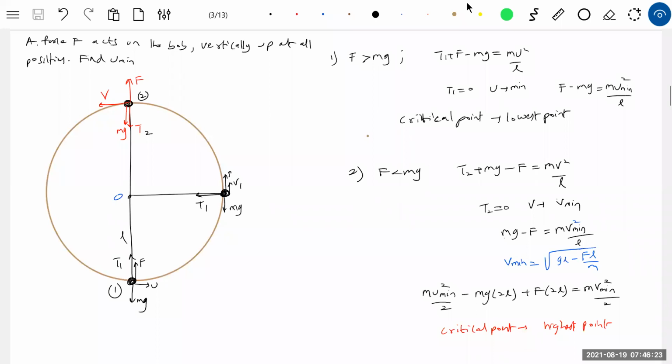So if you solve this, to complete the vertical circle, this is a very beautiful conclusion we are making here. What should be the minimum speed of the bob to complete the vertical circle? At the lowest point, if it is having this velocity, it is going to complete the vertical circle. You need not bother about the highest point now.